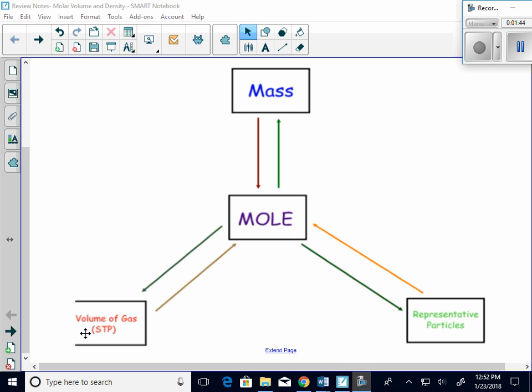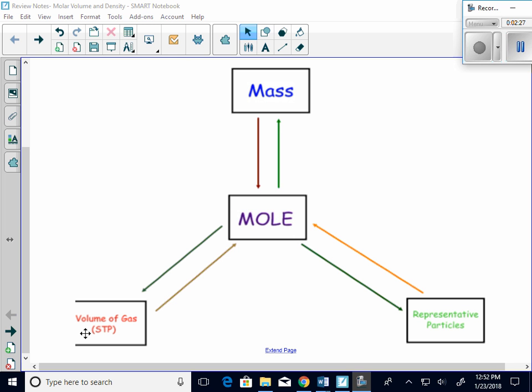If we have those conditions, if we have STP, any gas will have a volume of what? 1 mole of any gas will have the volume of what, Sarah? 22.4 liters. Any gas, 22.4 liters.